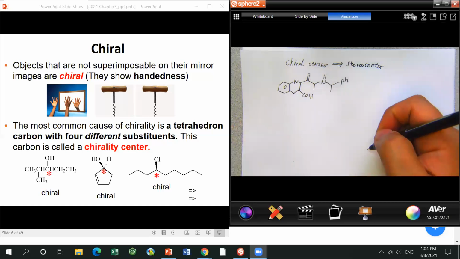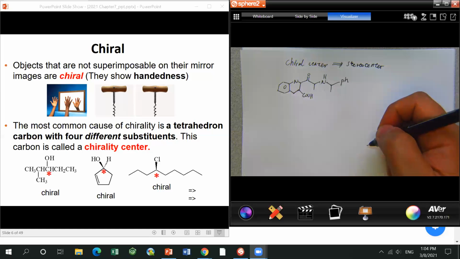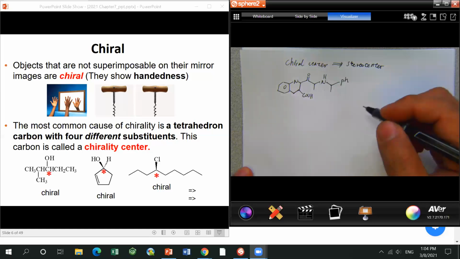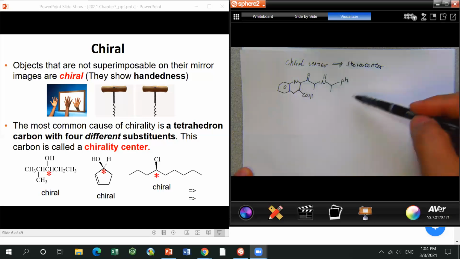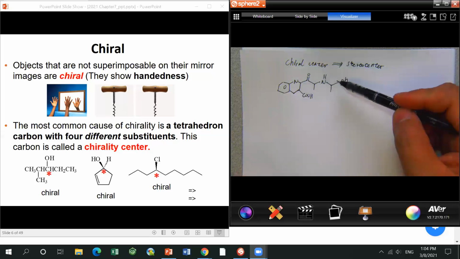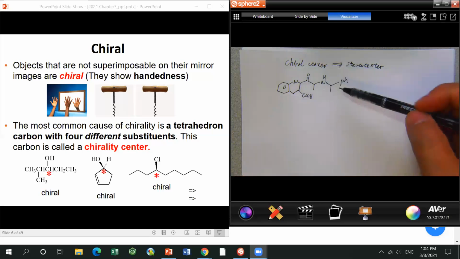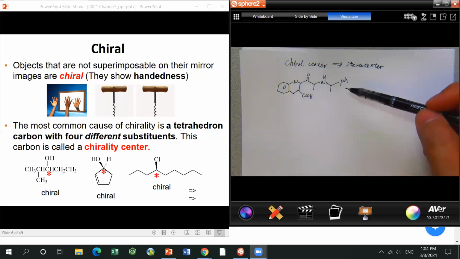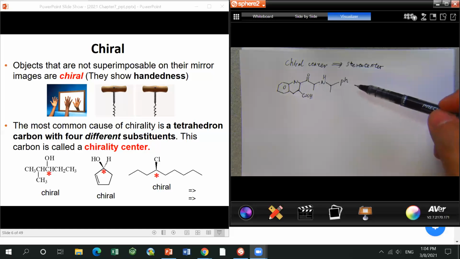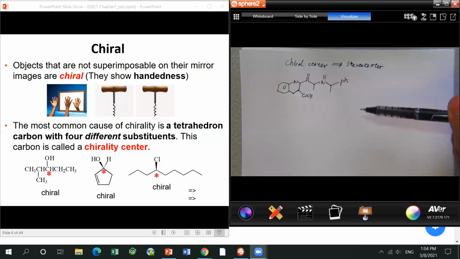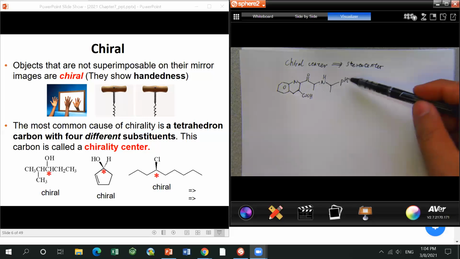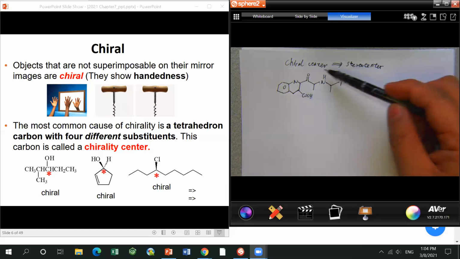Later I'll give more examples showing other atoms that can be chiral centers, but so far just focus on carbon, carbon with four different attachments. Try to find all the chiral centers in this molecule.